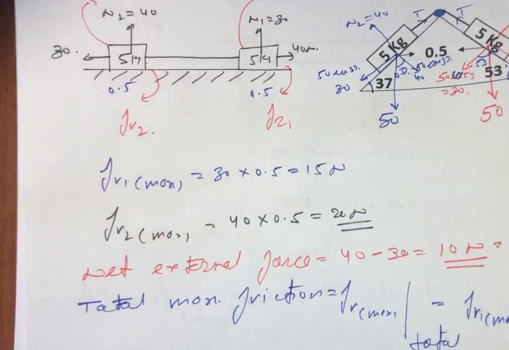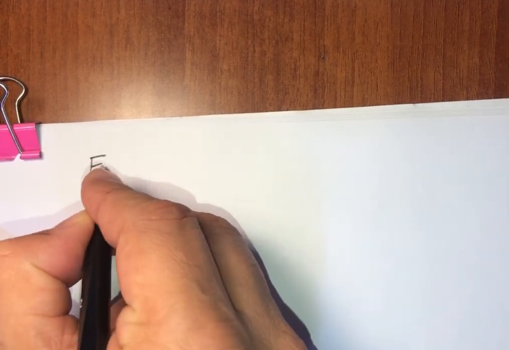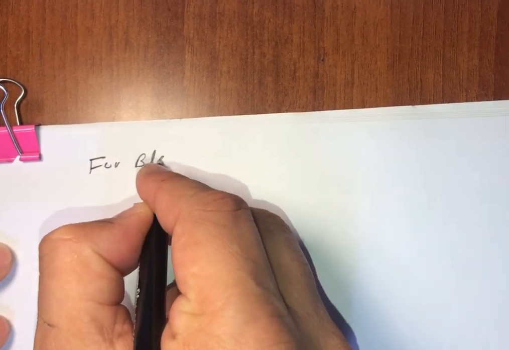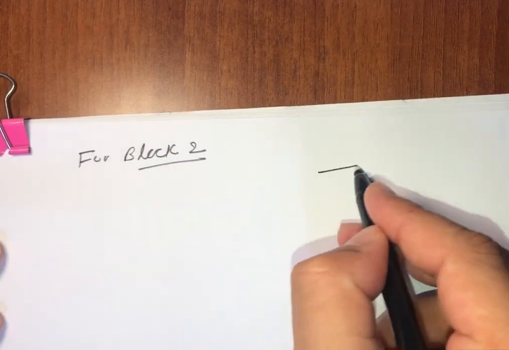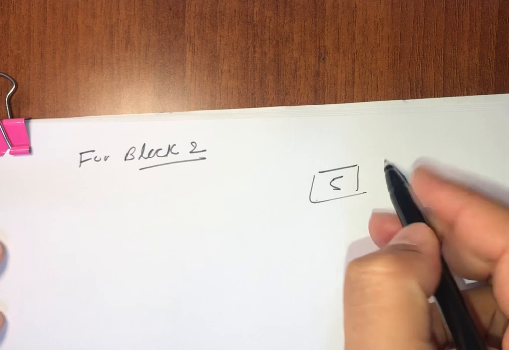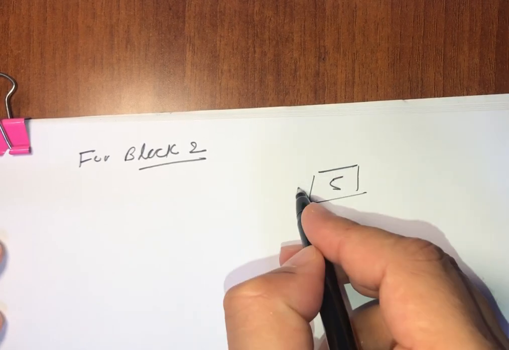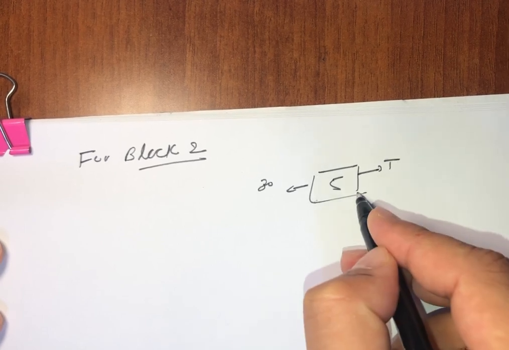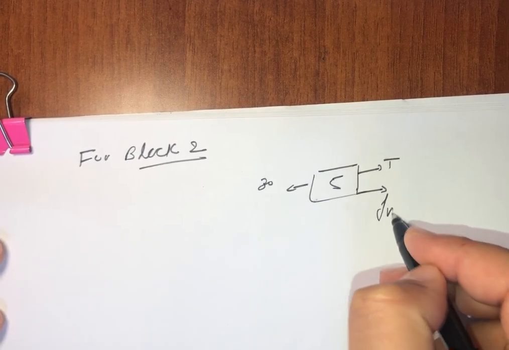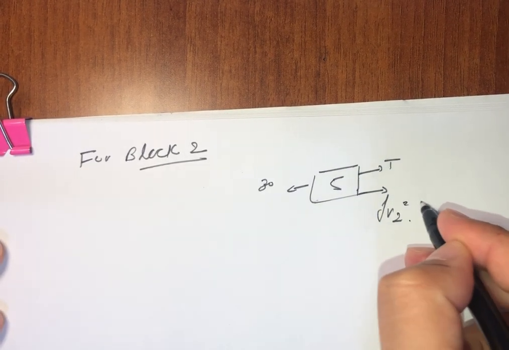And now we are going to use this for block number 2. You can see for block 2, we have 5 kg, and the force that is being applied is 30, tension T, and we have here FR2, whose value we are going to find out.